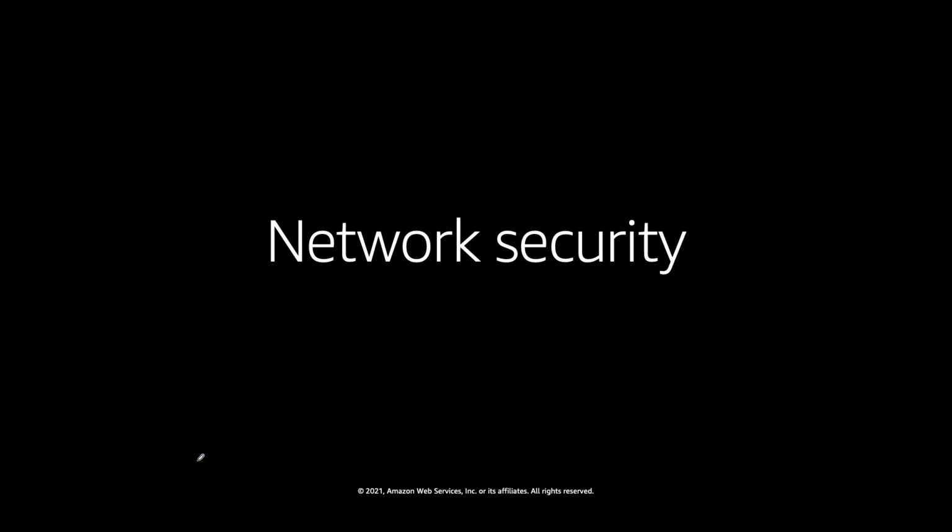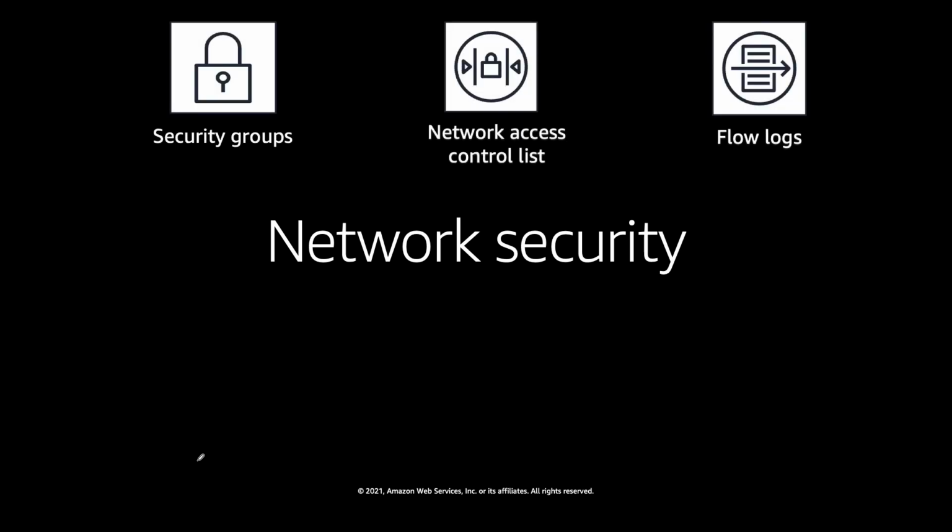The next thing we need to talk about is security. When we talk about security, there are different constructs or logical entities: one is the security group, another is the NACL, and then flow logs. Let's start with the security group.